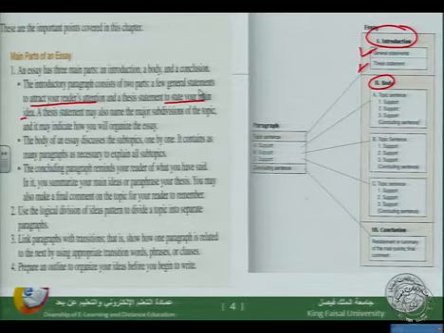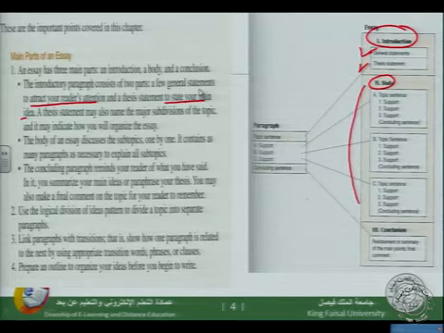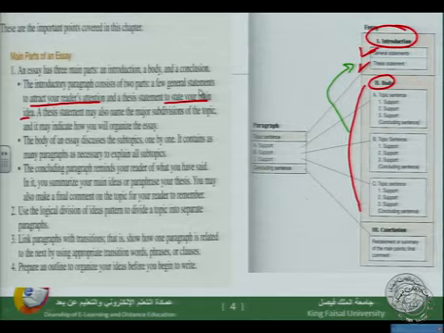You understand what I'm saying now? So in the body paragraph, we have as many topic sentences, as many paragraphs here to support your thesis statement in the introductory paragraph. So these are all the supporting details for your thesis statement.